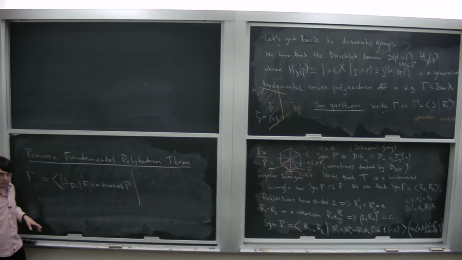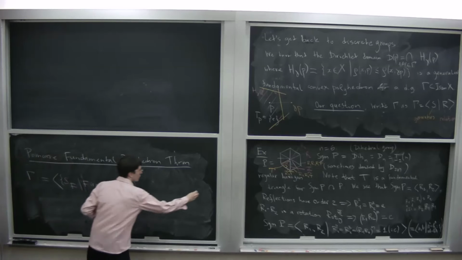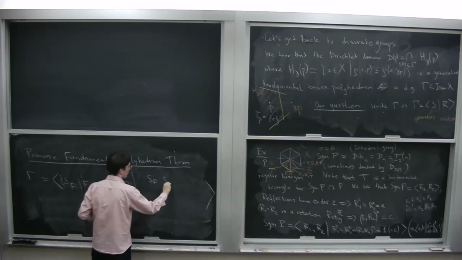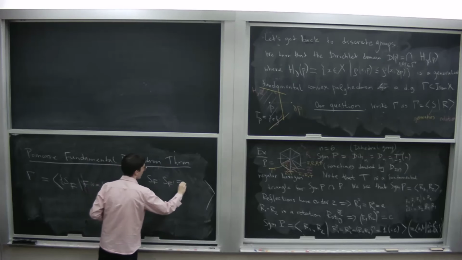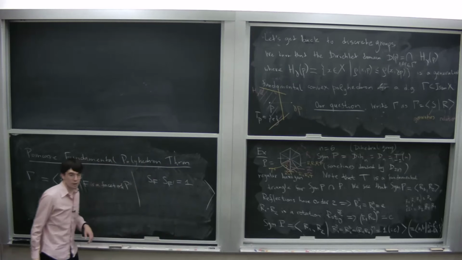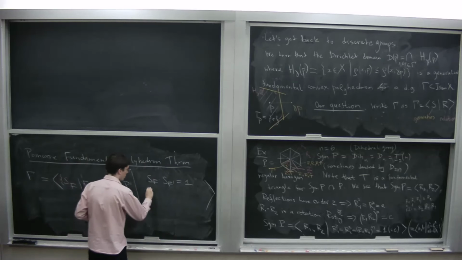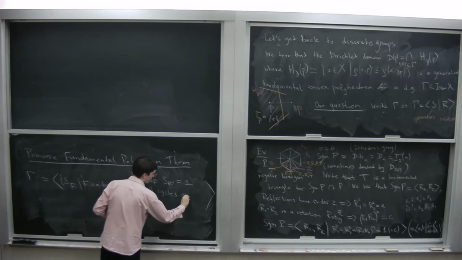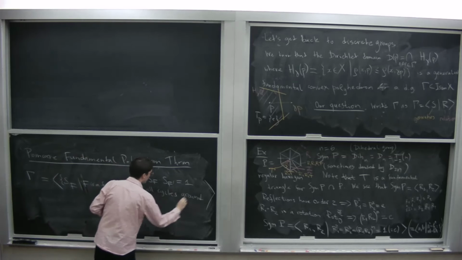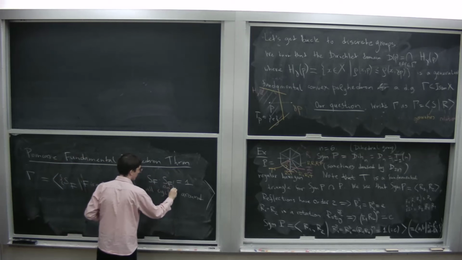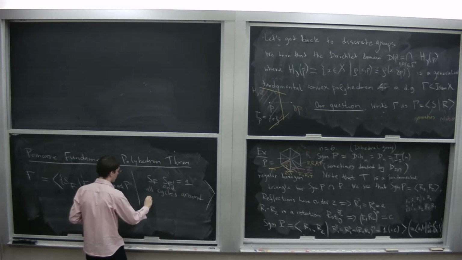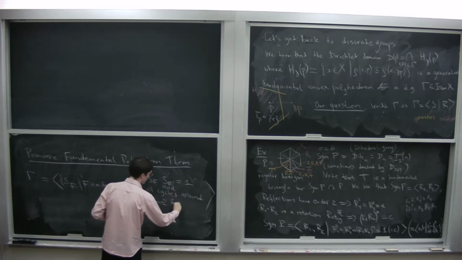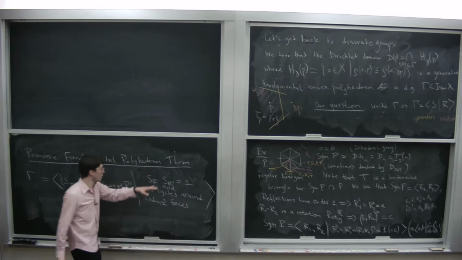And we have two types of relations. The relations S_F S_F' equal to the identity, and all cycles around codimension 2 spaces.